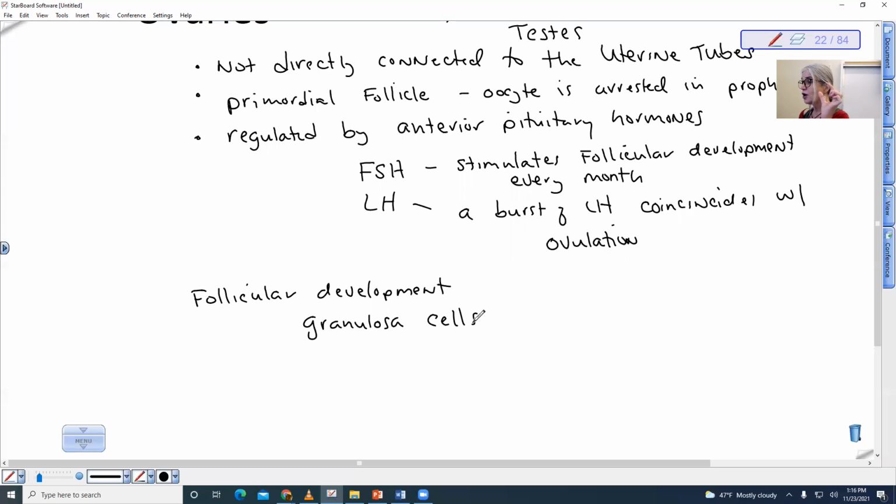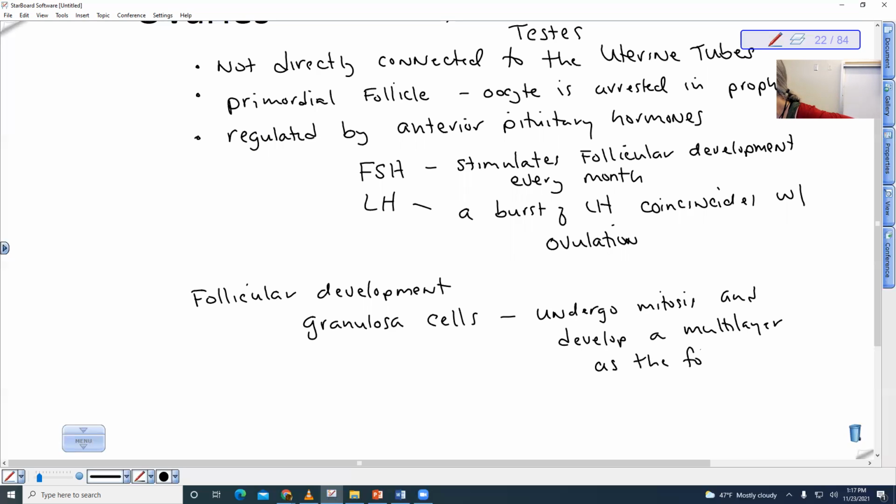So they're going to undergo mitosis, and you're going to get a thicker layer of granulosa cells. So the granulosa cells undergo mitosis and develop a thick layer, multi-layer, as the follicle develops.